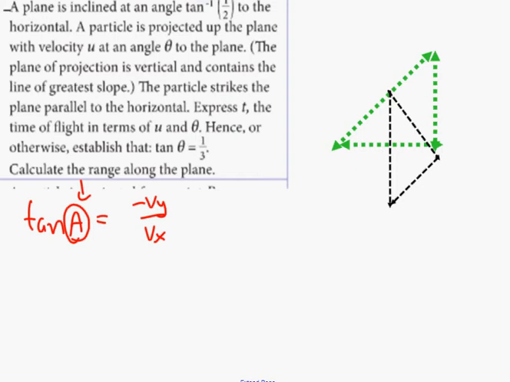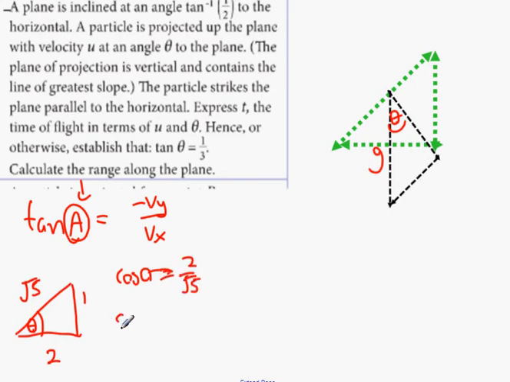So what we're going to have here is g, and then we have an angle theta. Before I work out, I'm going to work out exactly what theta is. So theta equals 1 for the opposite, 2 for the adjacent, root 5 for the hypotenuse. That makes cos theta 2 over root 5, and sine theta 1 over root 5.